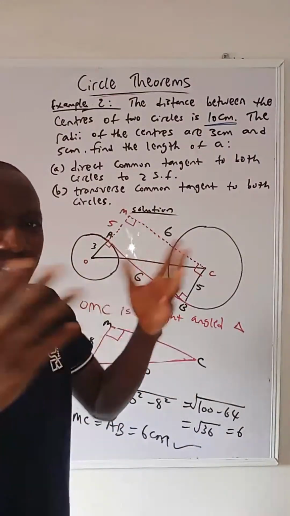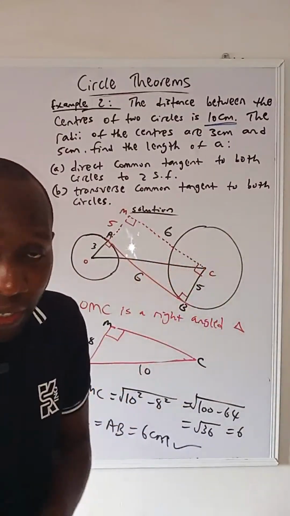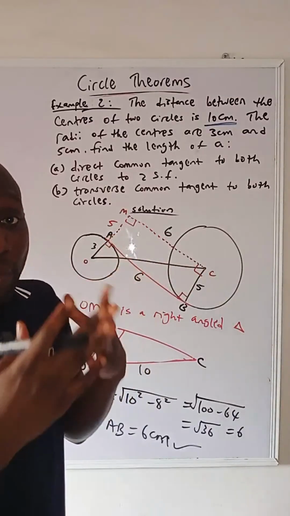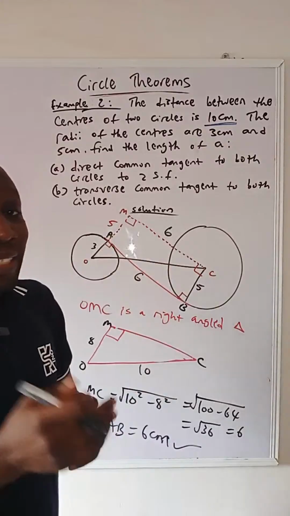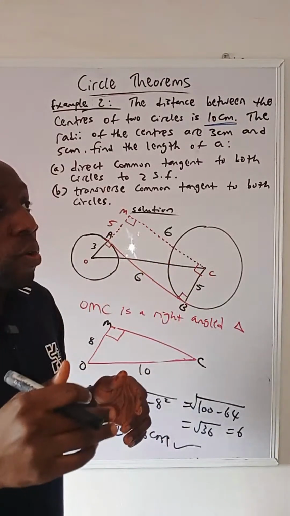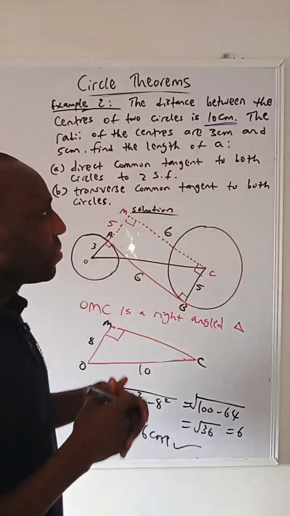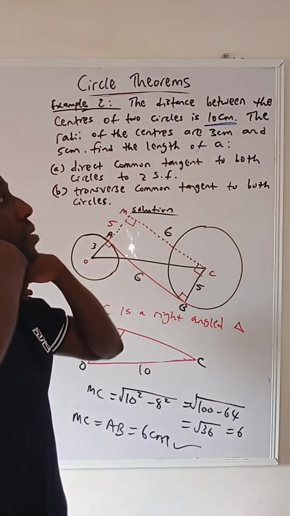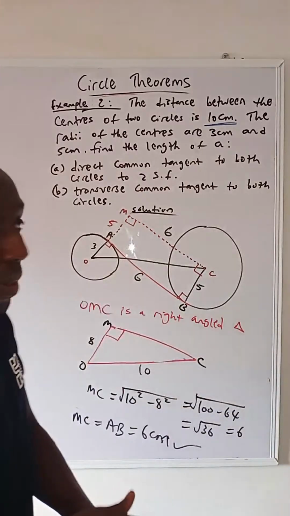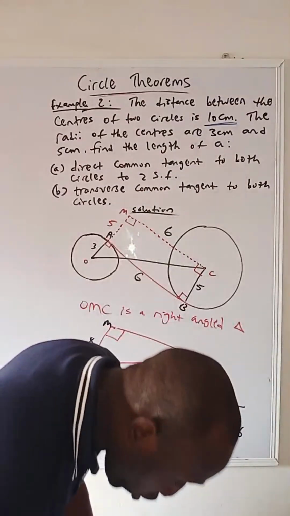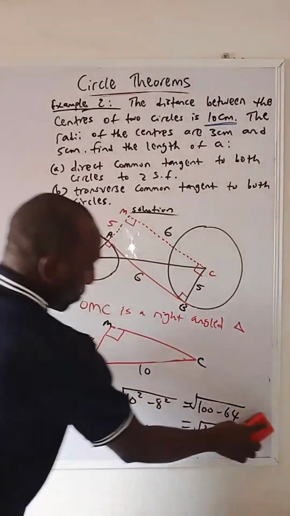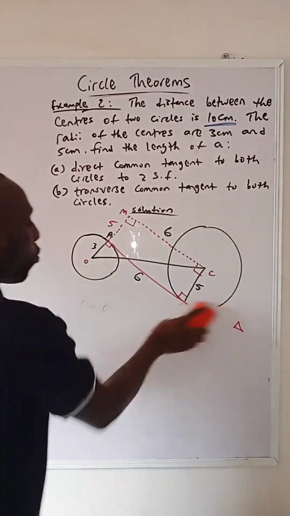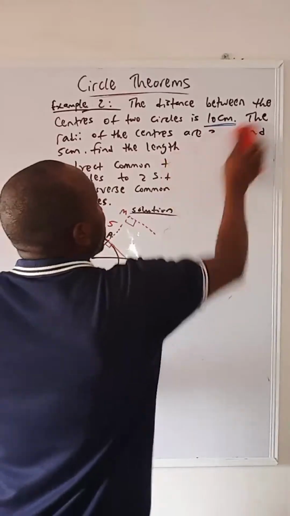And we've talked about the opposite angles of a cyclic quadrilateral, the angle at the center theorem, the angle in a semicircle, angle between a tangent and a chord, the alternate segment theorem. Quite a lot of theorems that we have looked at, even the chord properties as well. So I think we should just do a quick refresher, giving you one or two questions, and that'll be all for today's lesson.